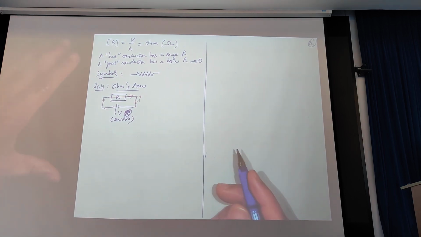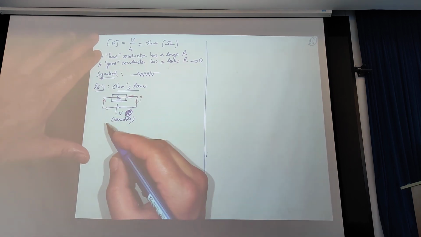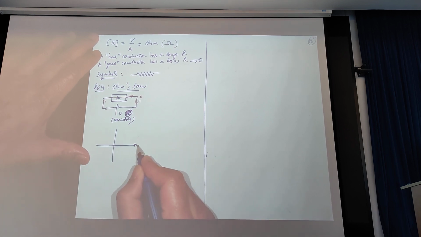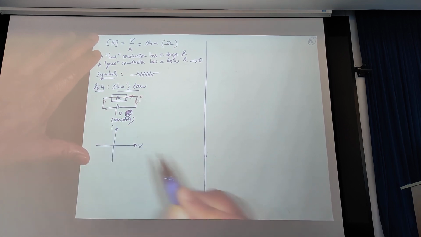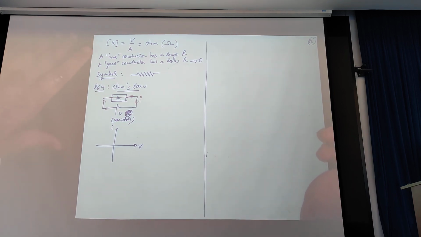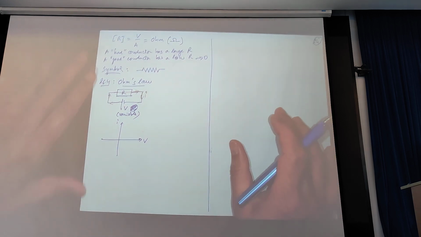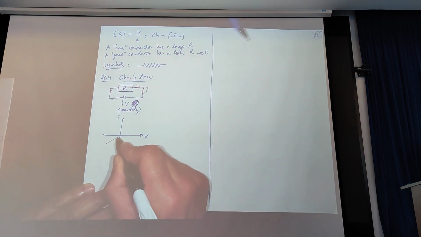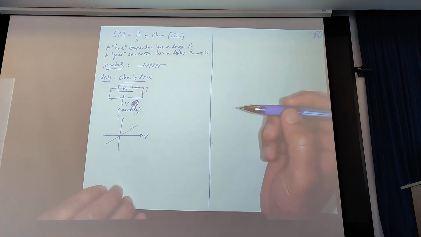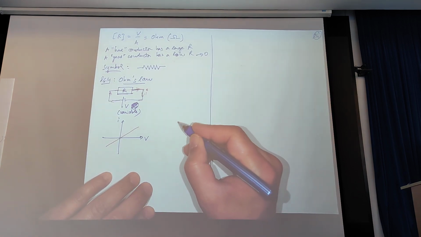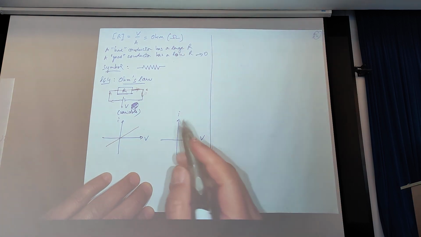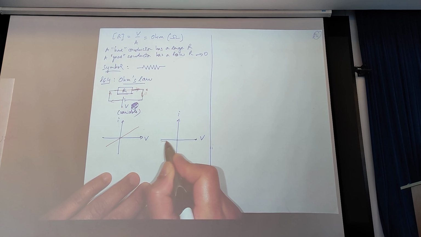If we measure the current as a function of V, sometimes we will see that the current is proportional to the voltage, but sometimes we will not see that. For example, we can see that.